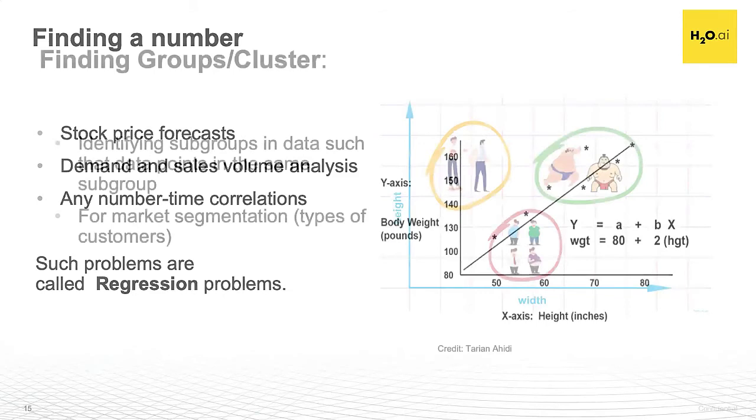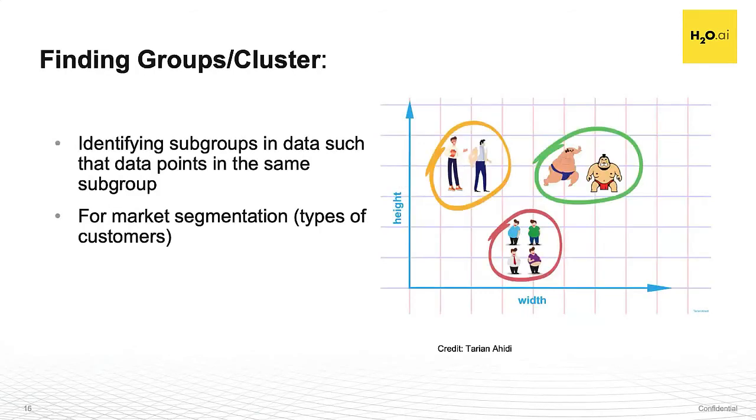A third category is finding groups or clusters. Now what happens is, in such cases, you are just given data and you have no knowledge about any historical relationship in that data. So what you do is you start finding subgroups. So for instance, you have this data set where you're given the weight and the height of people and you create categories in them.